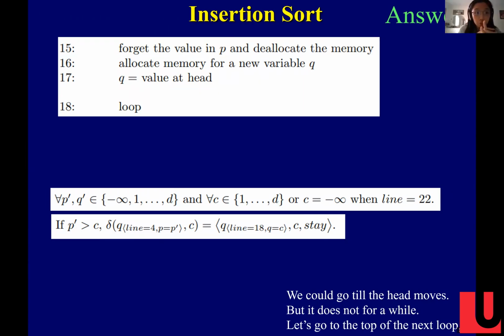Sir, you mentioned that you could have written states from line 4 to line 5 or line 5 to line 6. But isn't it impossible to do that when, from line 4 to line 5, line 4 doesn't actually get any new input? Yeah, or you could have said, I'm in line 4, P equals P prime. I'm reading some value. Then I go to line 5, P equals P prime.